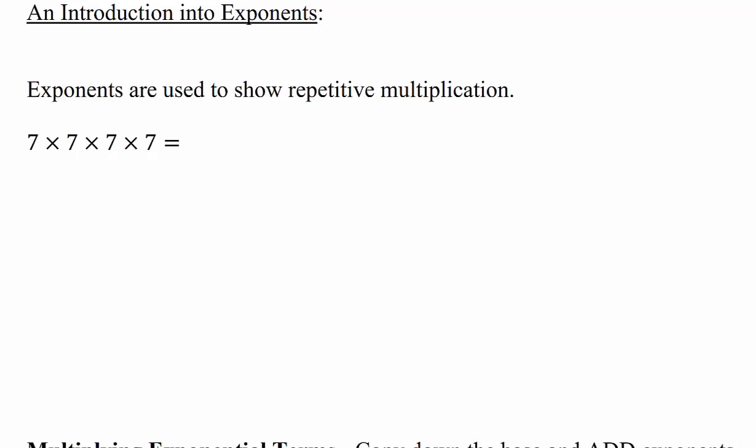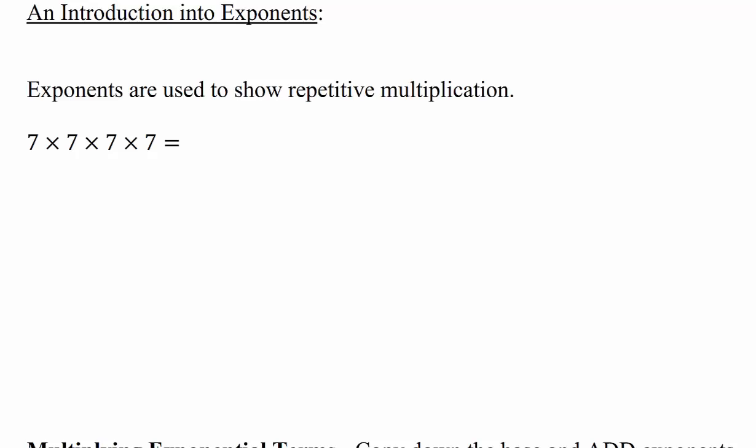In this lesson, we're going to look at an introduction into exponents and explore a few of the laws of exponents. Now, exponential notation is used to express repetitive multiplication in a more efficient manner. So as an example, I have the number 7 being multiplied by itself 4 times here.